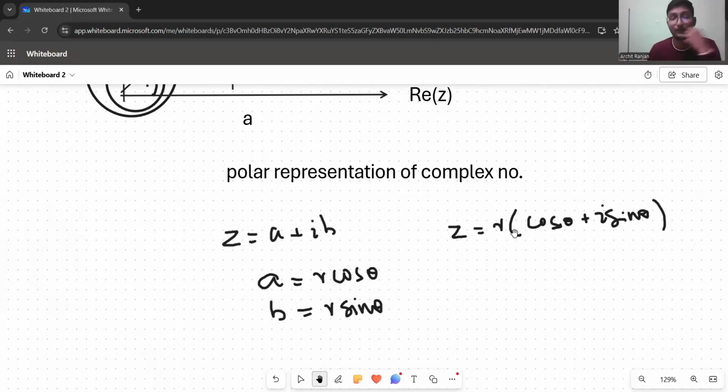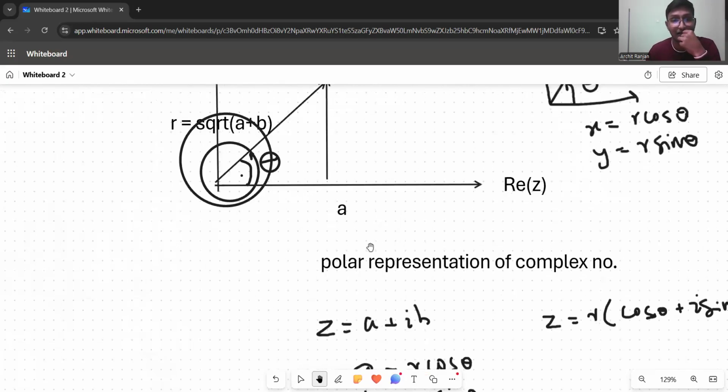What is the argument? Theta is called the argument of a complex number. Now this argument can take n number of values, right? You can go in a circle and continue to get a new value for the same theta.